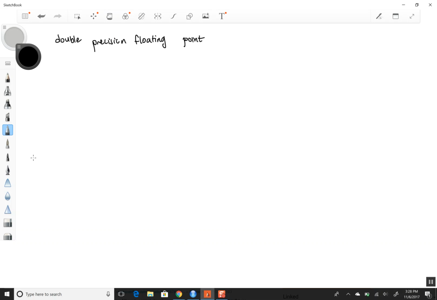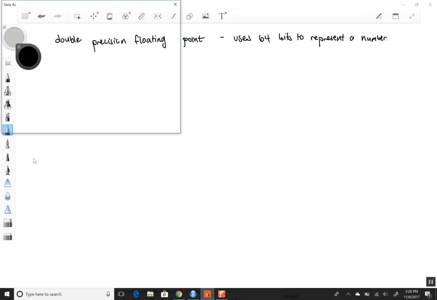The computer will use 8 bytes or 64 bits to store a number, okay? 64 bits to represent a number, right? So this is about equal to having a calculator that has 16 digits to represent a number, okay?